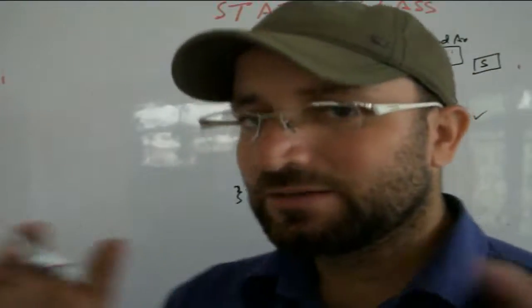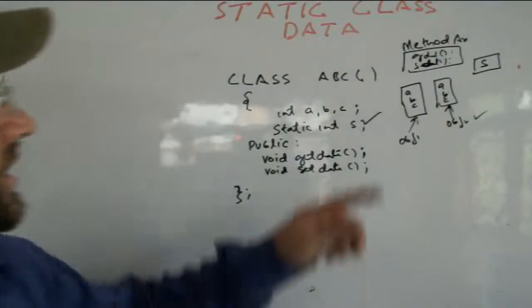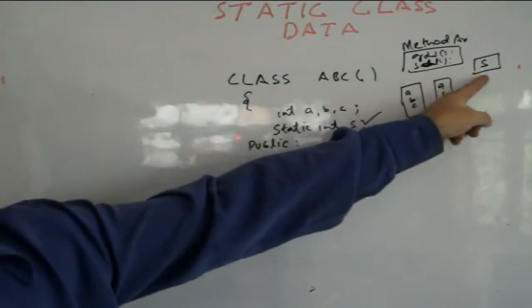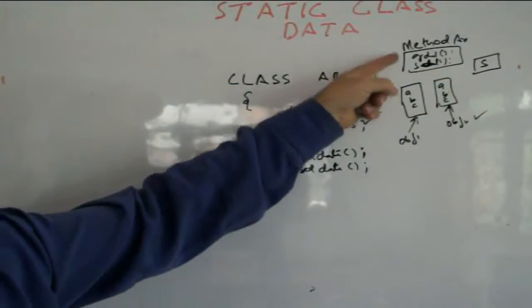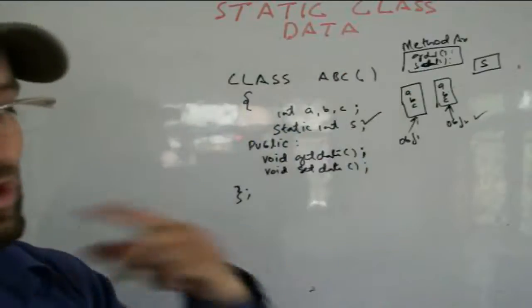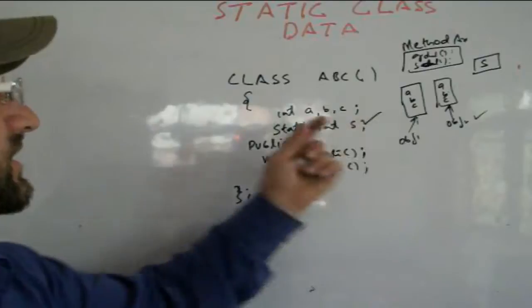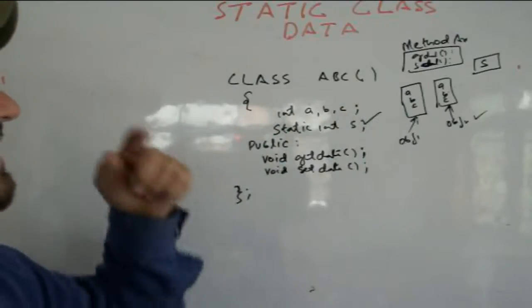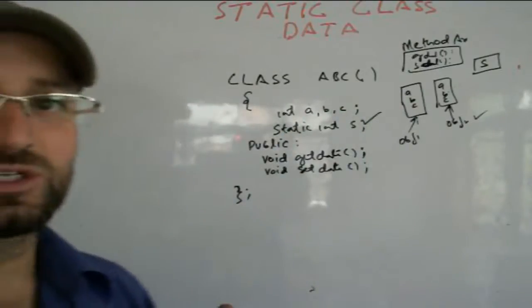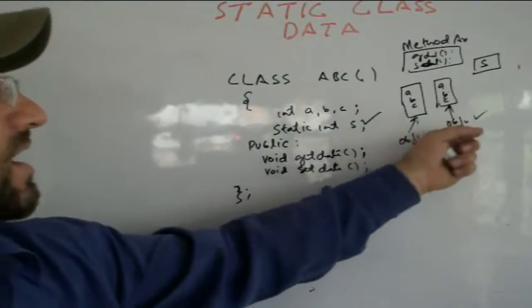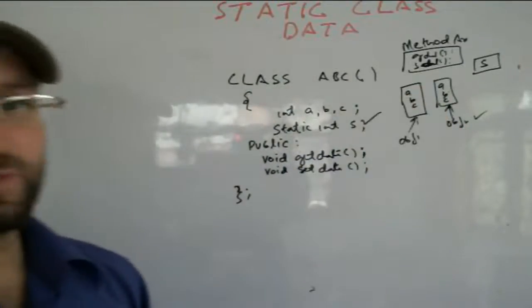So I guess you got a little memory map of the static variable, which is single copy, and method area will have all the methods. They are again, single copy. But variables, what's called instance variables, because they need the instance of a class, that is an object, they are actually having separate copies.